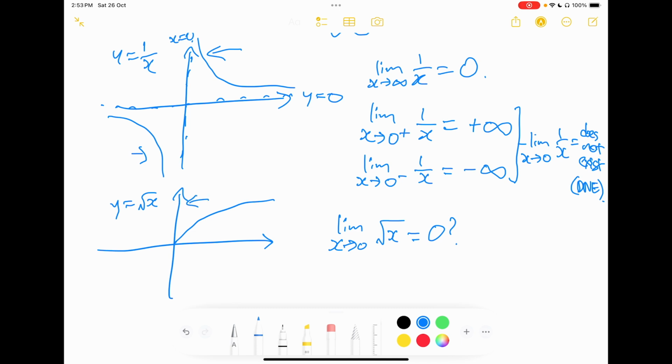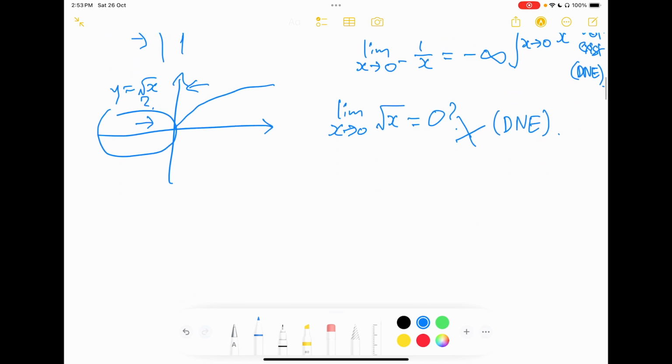In fact, if you just substituted 0 into x, you would get square root of 0, which is 0. But notice that there is nothing on the left-hand side. This is because the square root function is undefined for negative values of x. So that means that there is no left-handed limit. Because there is no left-handed limit, you cannot properly define a two-sided limit. The limit just does not exist.